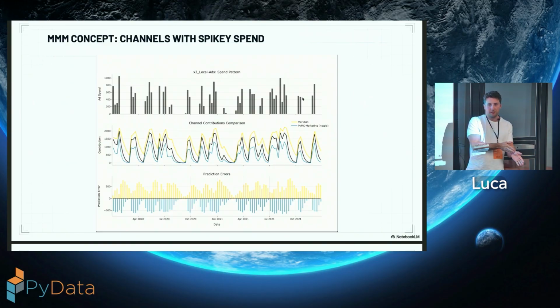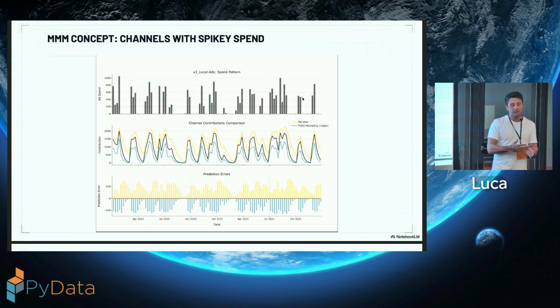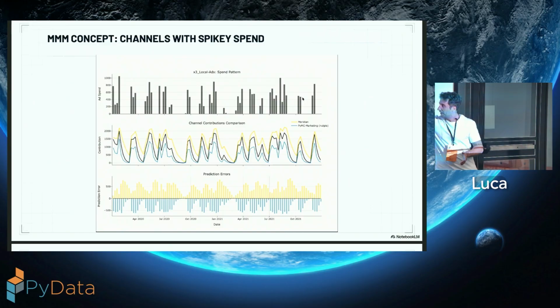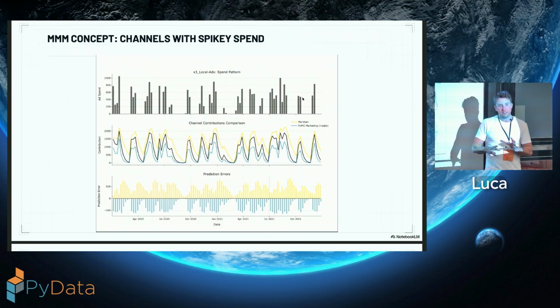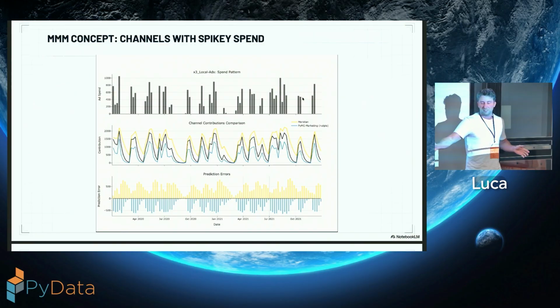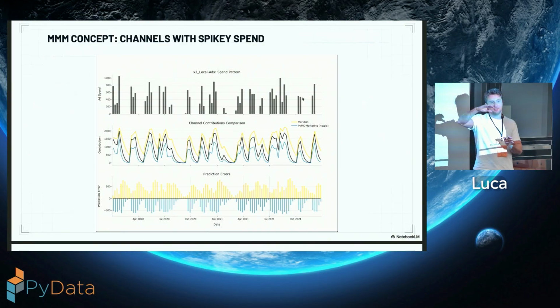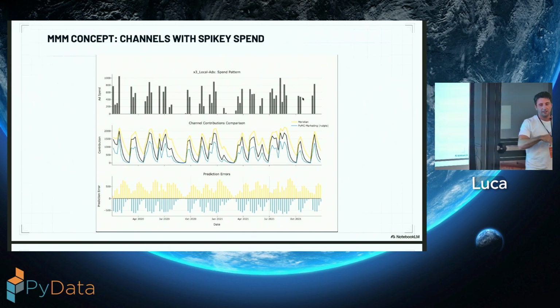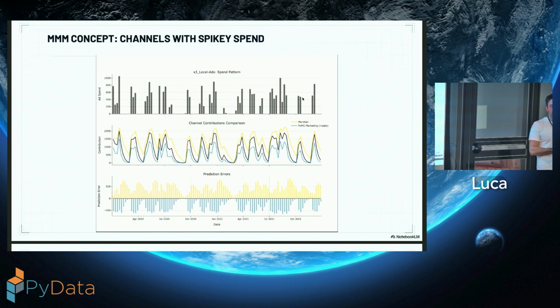The ad stock that I put into the model tells me there is a carryover effect of the marketing channels that propagates through time. And what's happening here is that PyMC-Marketing is estimating an ad stock that's a little bit more realistic, while Meridian is estimating an ad stock that's very long. And that carries over these bumps, smooths over regions where there is no spend, and systematically overestimates those periods.